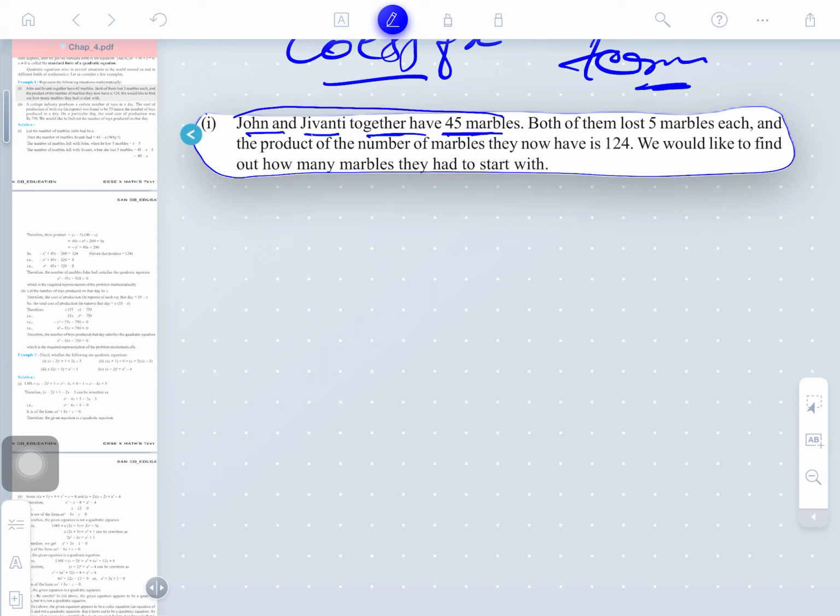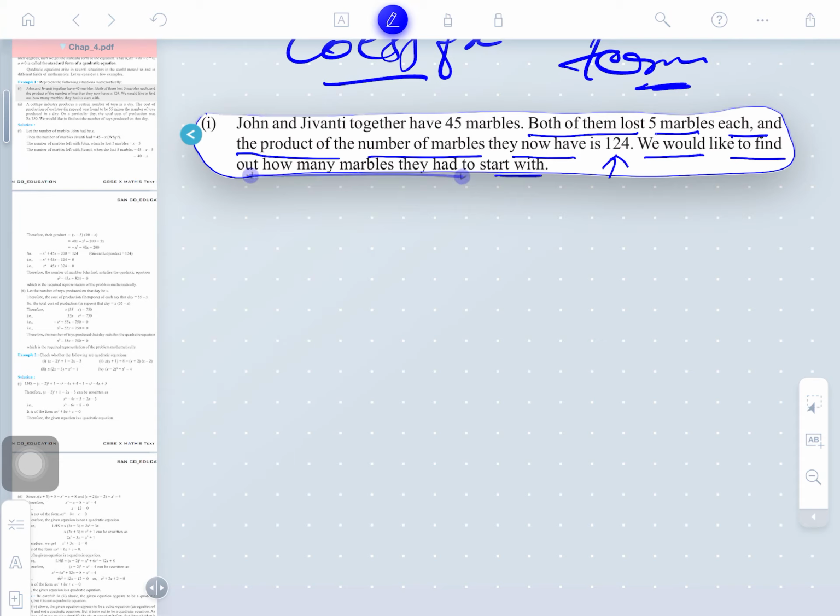When you read the first line, you don't know how many marbles Jivanti has or how many John has. Both of them lost 5 marbles each, and the product of the marbles they now have is 124. We would like to find how many marbles each started with.